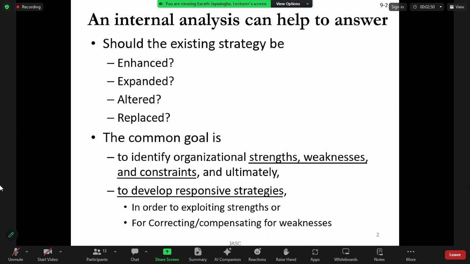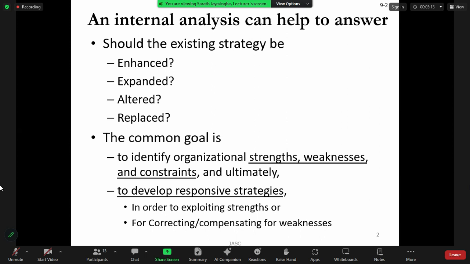If you feel that while we are reviewing, then we can change it, enhance it, expand it, alter or replace it if it is necessary.